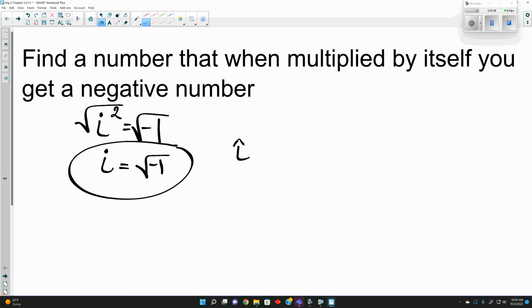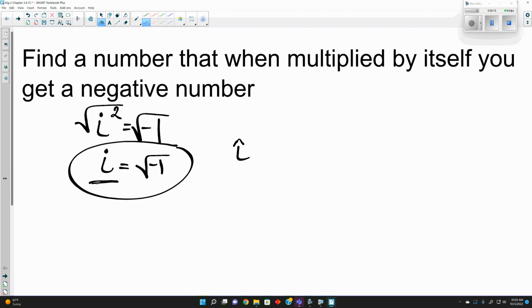And we will use this to start solving. Earlier, especially in 3.3 when we were talking about graphing, we said some equations don't have any real solutions, because the solution is imaginary. It's a complex number. This is where it comes in. Our imaginary number, we will call I, is equal to the square root of negative 1.